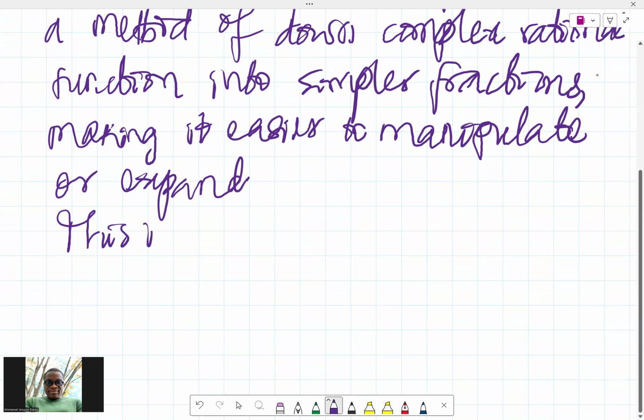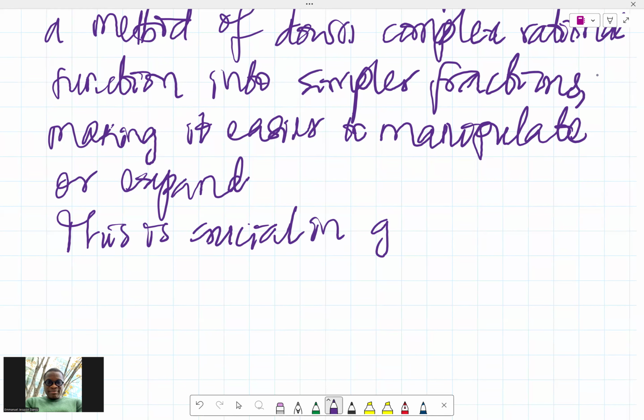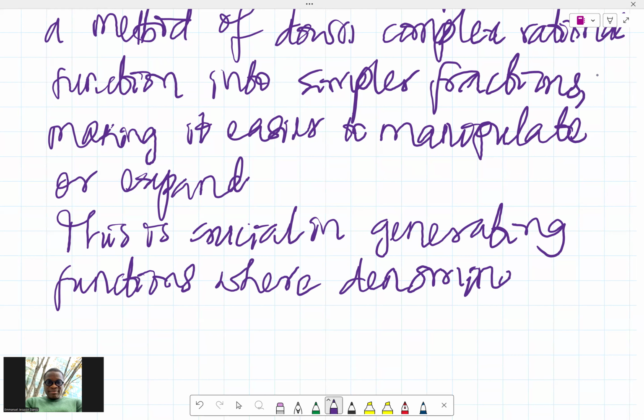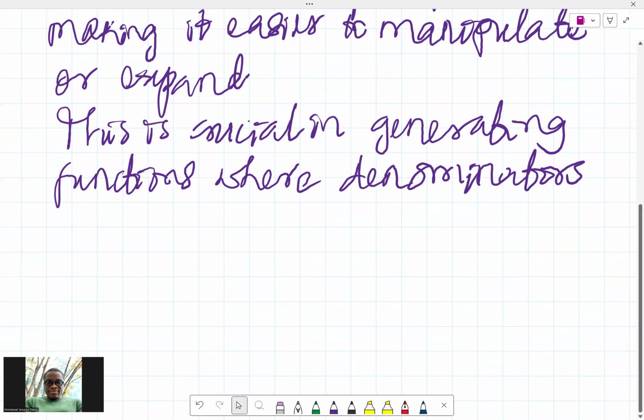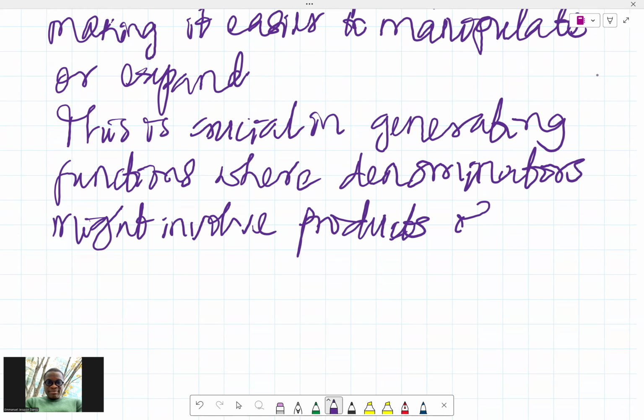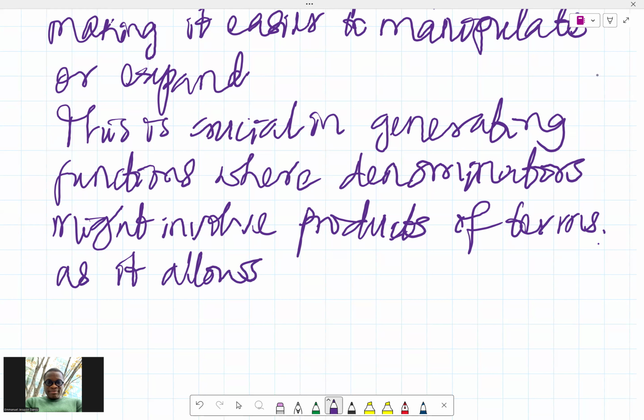This is crucial in generating functions where denominators might involve products of terms, as it allows for term by term analysis.